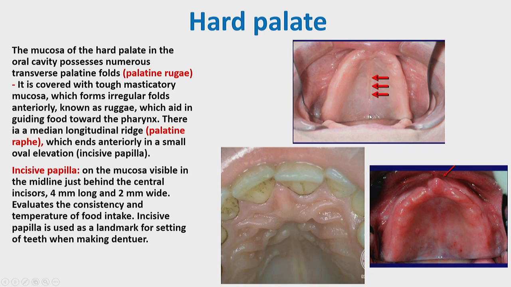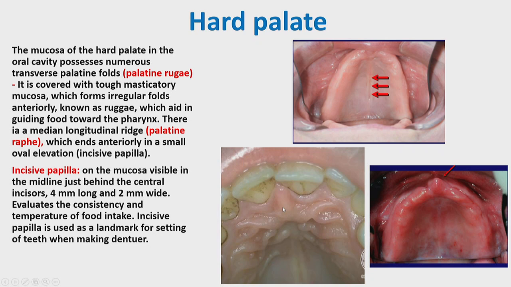This median palatine raphe anteriorly, or ventrally, ends at a structure immediately behind the central incisor. You can see it. It is called the incisive papilla, which is approximately 4 by 2 millimeters, and it has a very important function in the evaluation of the consistency and the temperature of the food.